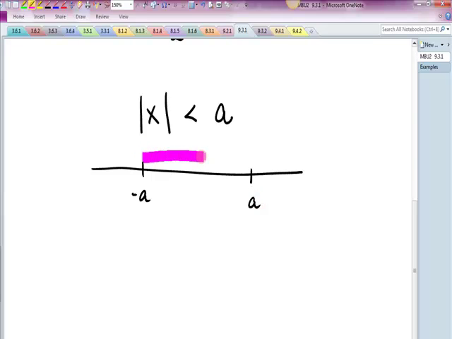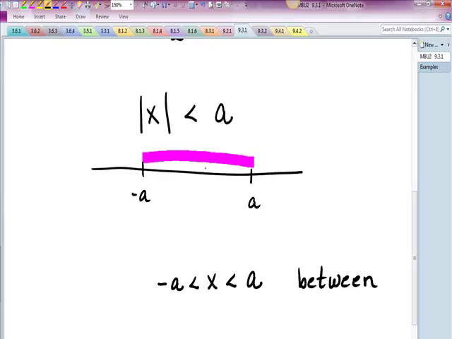It will be between them. Another way to write that as an inequality would be negative a is less than x, which is less than a. I call this the between notation because x is between these two.